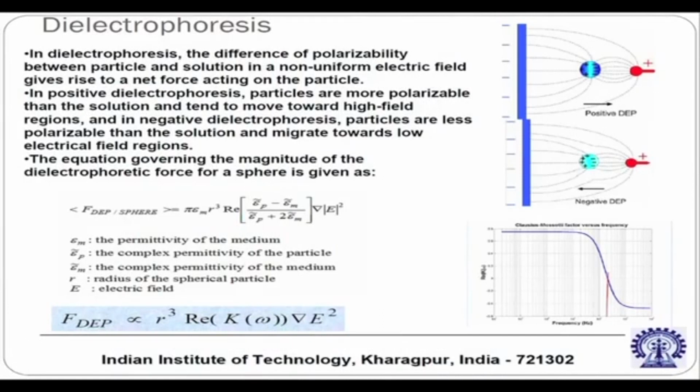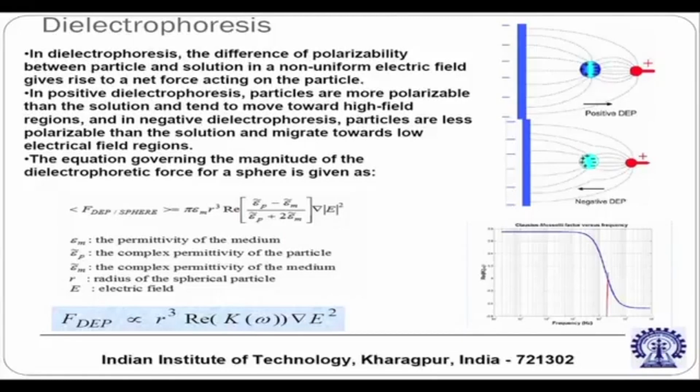One is dielectrophoresis. Dielectrophoresis relies on the difference in polarizability between the particle and a solution, and non-uniformity in the electrical field. These are the two essential ingredients of dielectrophoretic transport.